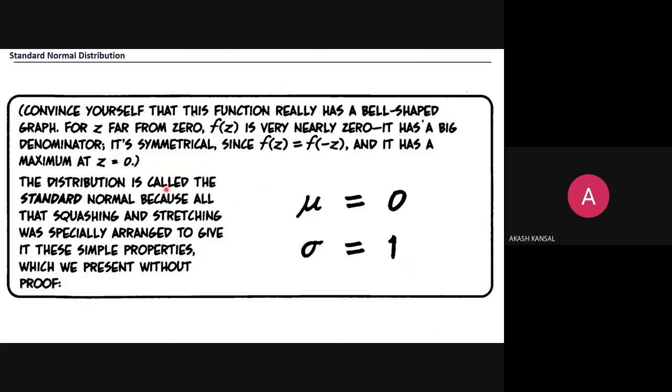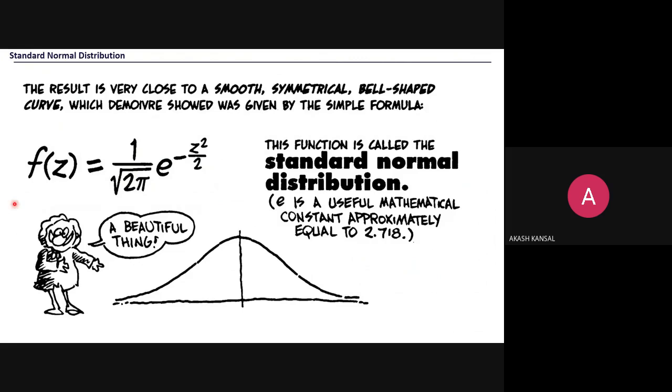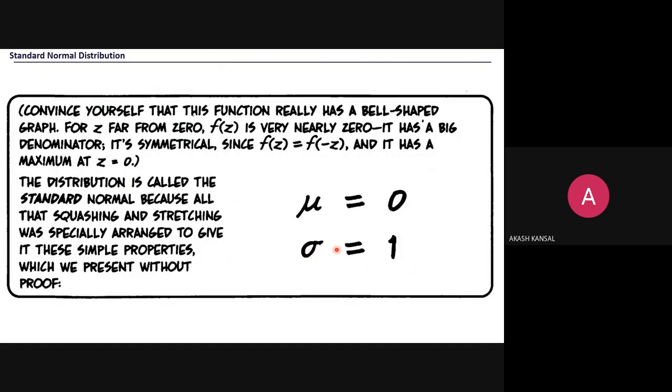Moreover, it is symmetrical, because f(z) is equal to f(-z), and the maximum occurs at z equal to 0. And how can you see the maximum? You can just equate the derivative to 0 and then find the value of z. So for this particular distribution, the maximum occurs at z equal to 0. The area under the curve is 1. It is symmetrical, and the standard deviation also comes out to be 1 in this case, right?